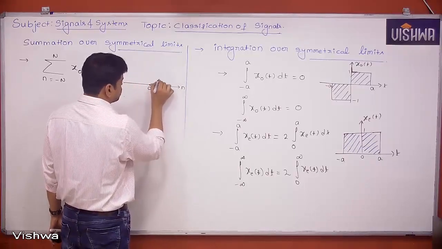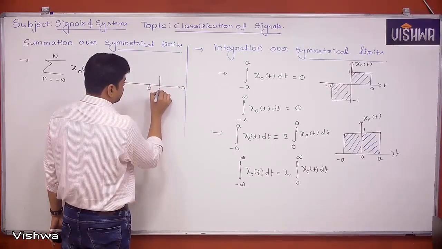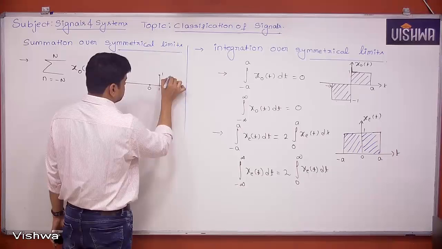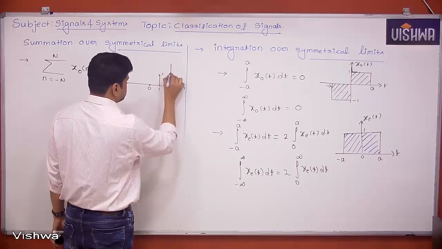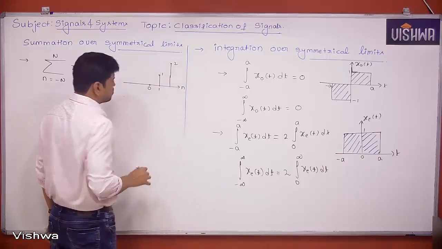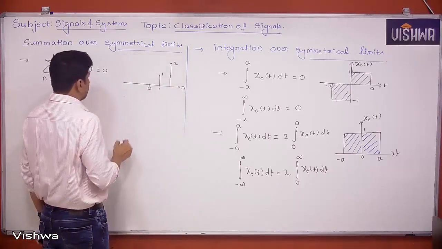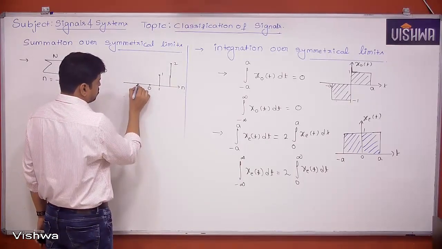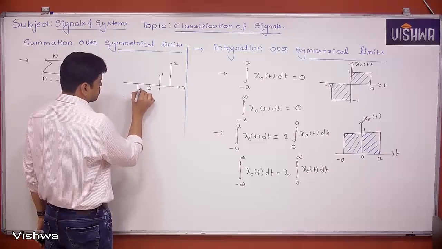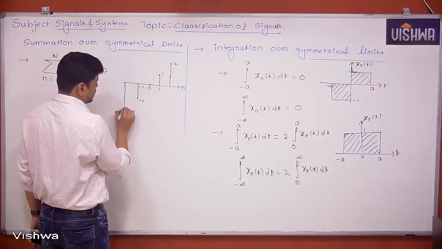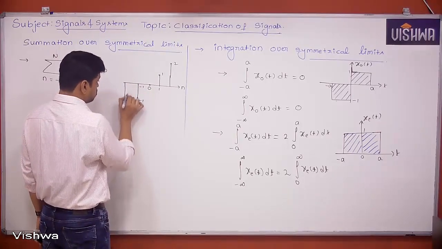At 0 its value is 0. Let's say at 1 its value is 1, and at 2 its value is 2. Since it is an odd signal, at minus 1 it has to be minus 1, and at minus 2 it has to be minus 2.